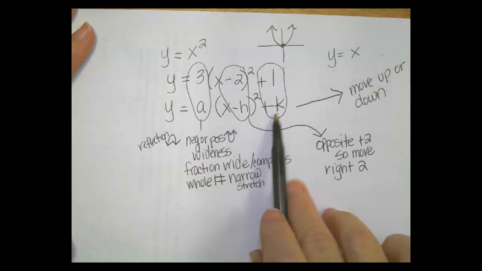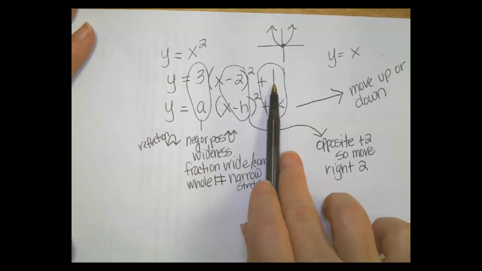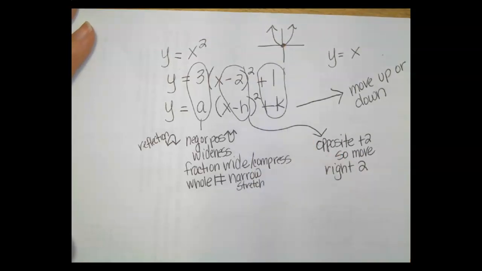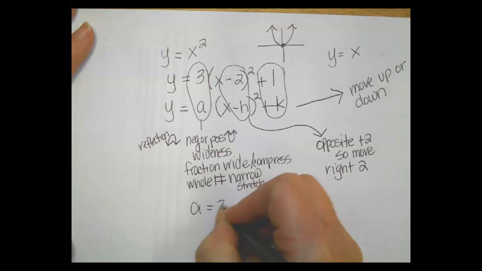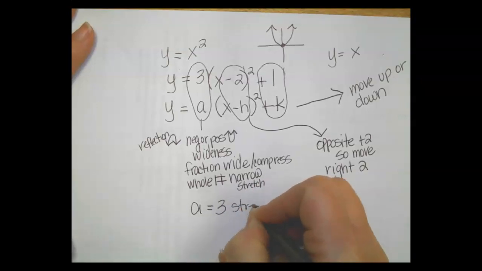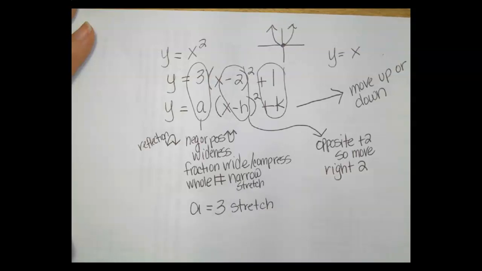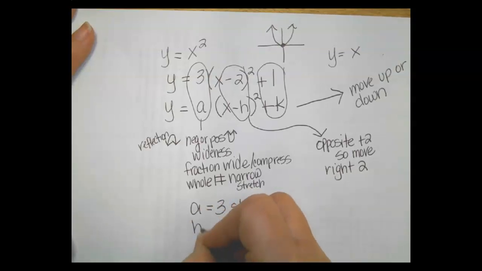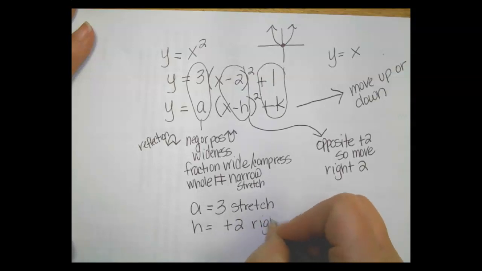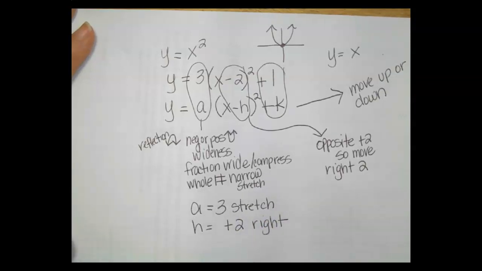I always start here. So in this case, from my parent function, my a equals 3, so that's going to make it stretch. My h is going to be a positive 2, so right 2.